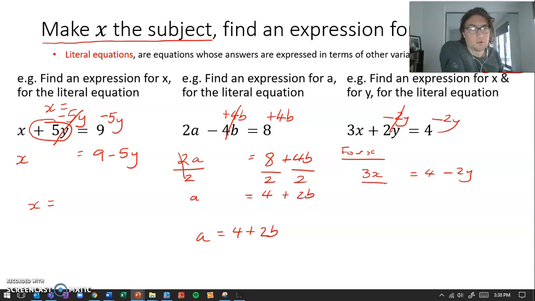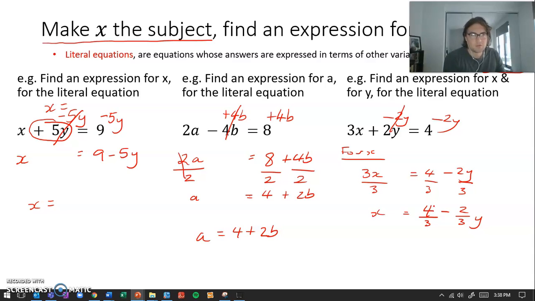How do I get rid of the 3? Divide by 3 on both sides, and you get x is equal to 4 on 3, minus 2 on 3 y.